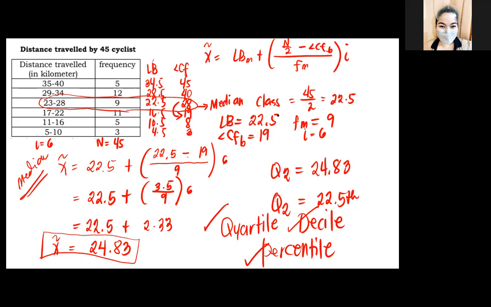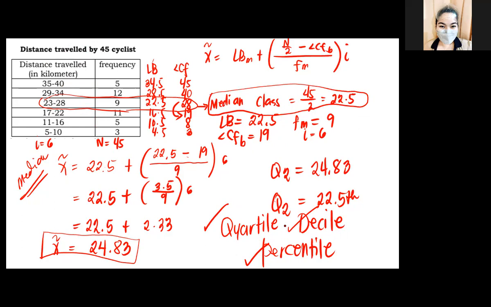Just by recalling the following steps. So ano ba yung unang step? Siyempre, you have to arrange the data into a table. Pangalawa is we have to locate the median class or you have to locate the class kasi mamaya hindi na median class ang tawag natin.